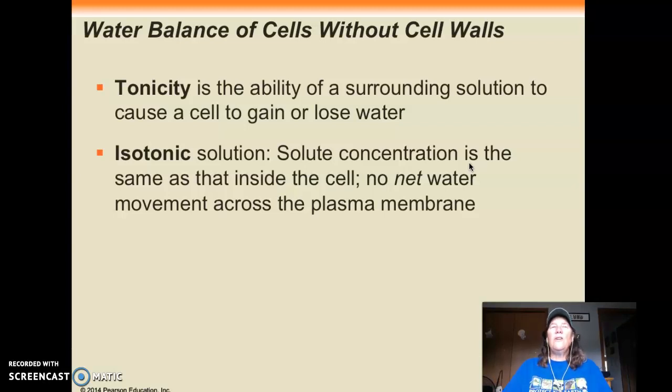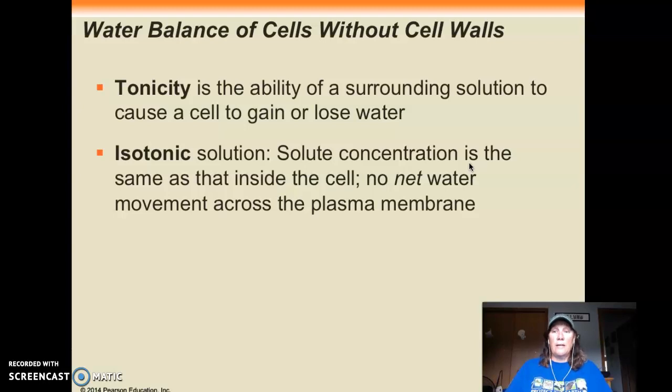If you've ever had to have an IV, they give you isotonic solution. They give you a 0.9 percent salt solution, and a 0.9 percent salt solution is the same as our concentration. That's what the salt solution is in our blood. So when we get an isotonic solution, we're getting fluids. You don't just get water. That wouldn't work. So you need those particles. So isotonic means the solute concentration is the same as inside the cell.